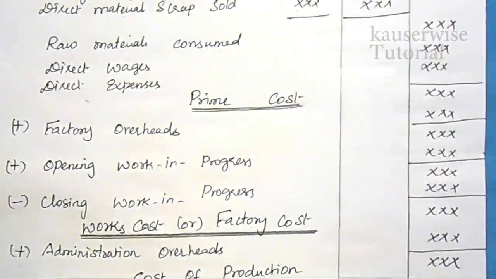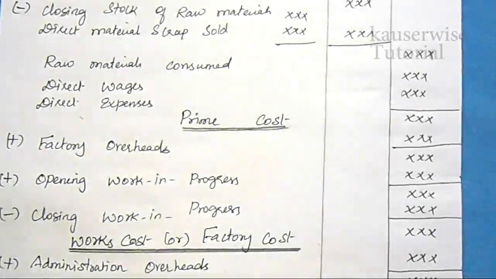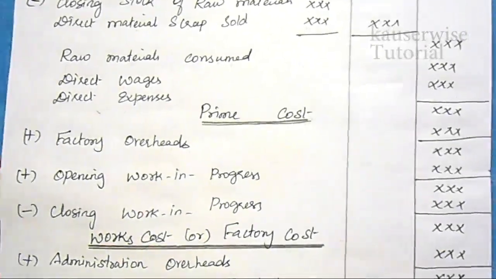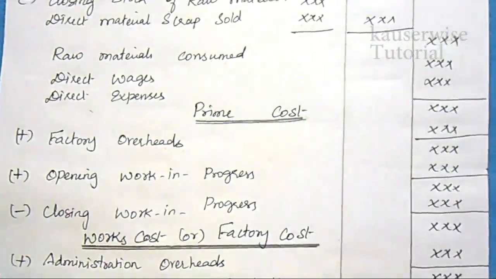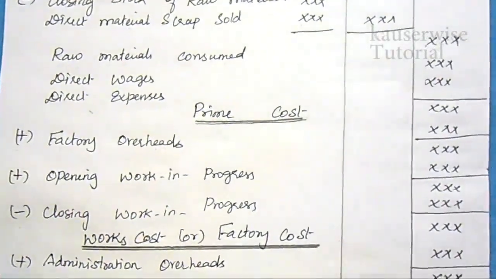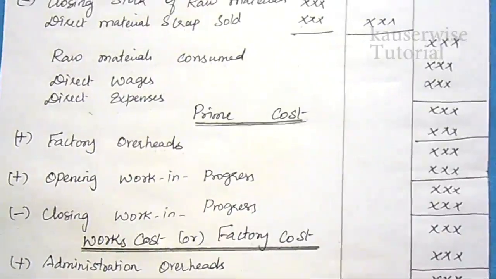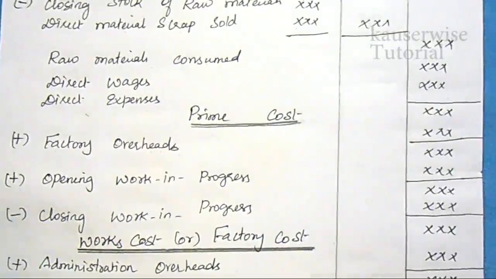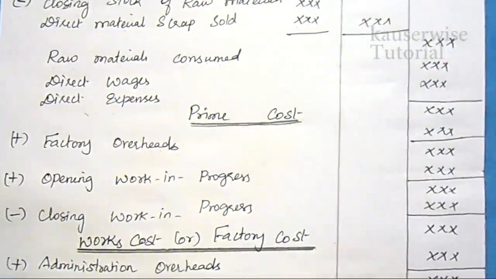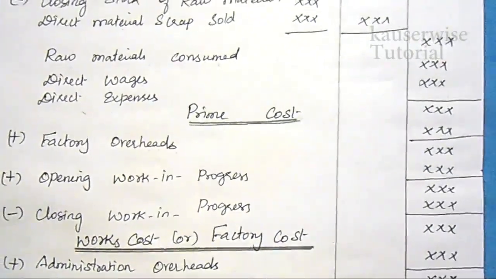Factory overhead is the aggregate of indirect material, indirect wages and indirect expenses. For example, indirect expenses means any expenses related with the factory, like rent, power, depreciation, lighting and heating incurred in the factory.